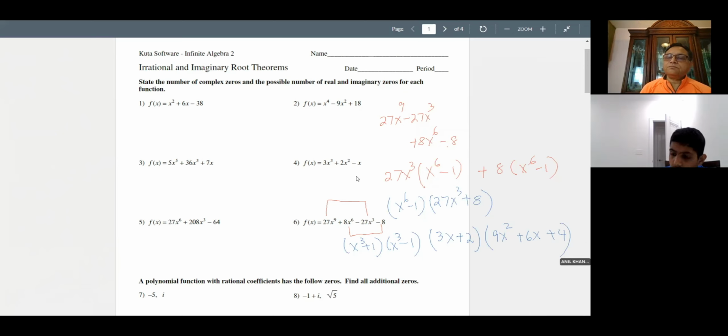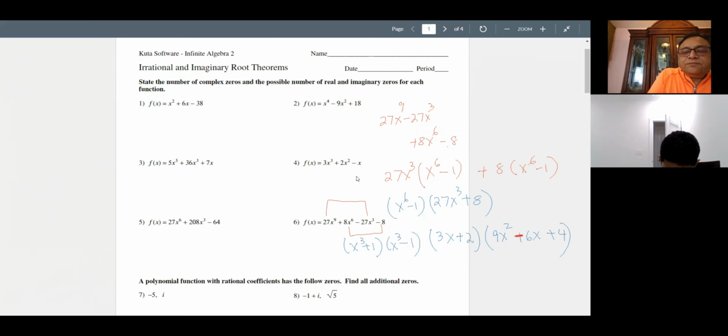Minus 6x, right? Oh yes, you are right. Minus 6x. Good job, thank you. Now the first two factors can be further factored, x cubed plus 1.